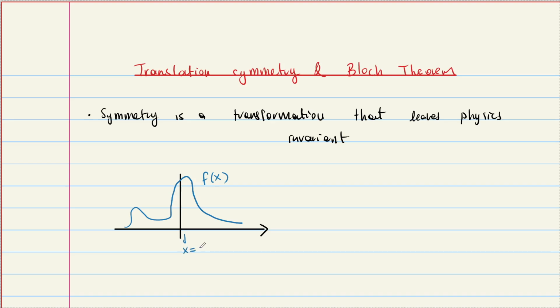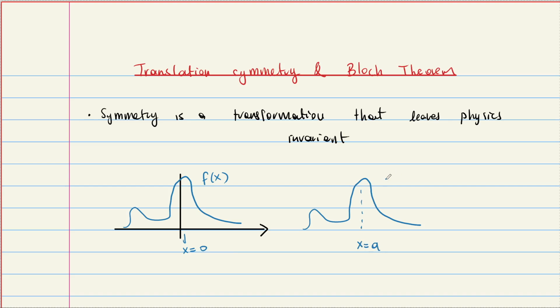Peak is at x equal to 0. And what you want to do is a translation transformation. You want to translate this. How do you translate this? You just copy it and shift it just a little bit. Now, where is the center of the Gaussian? This is x equal to a.